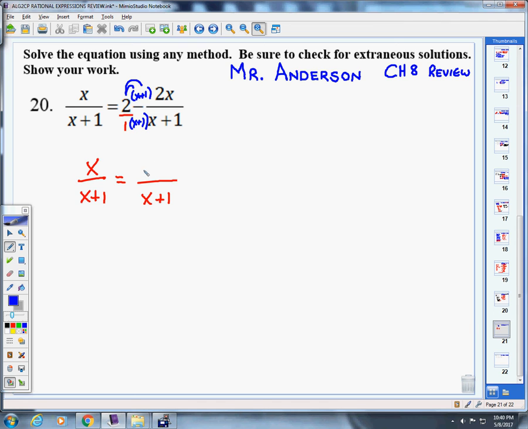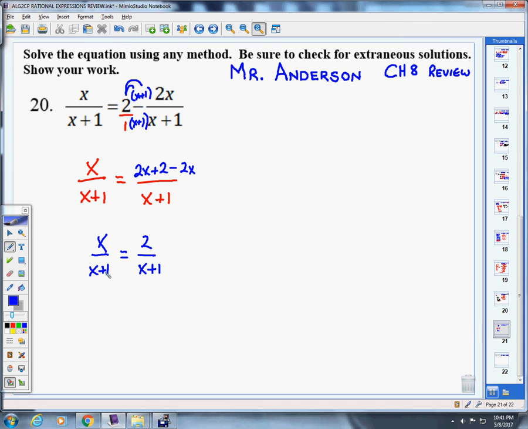I've got 2x plus 2, and then subtract 2x. So I've got x over x plus 1 equals 2x plus 2 minus 2x. So this is just 2 over x plus 1.